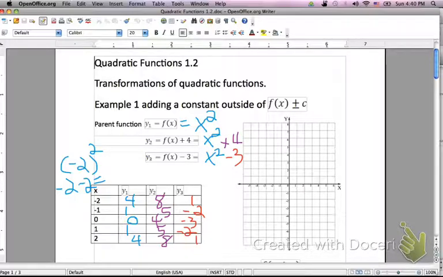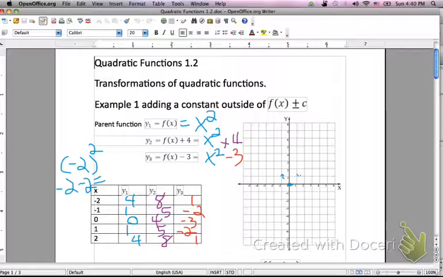Okay, so I want to graph these different functions and see how they are transformed. So I'll start with my parent function. I know I have a coordinate at 0, 0. I have a coordinate at negative 1, 1, and 1, 1. And I can already see that it's changed directions, and those are symmetrical, so I could also tell that my vertex is going to be at 0, 0.